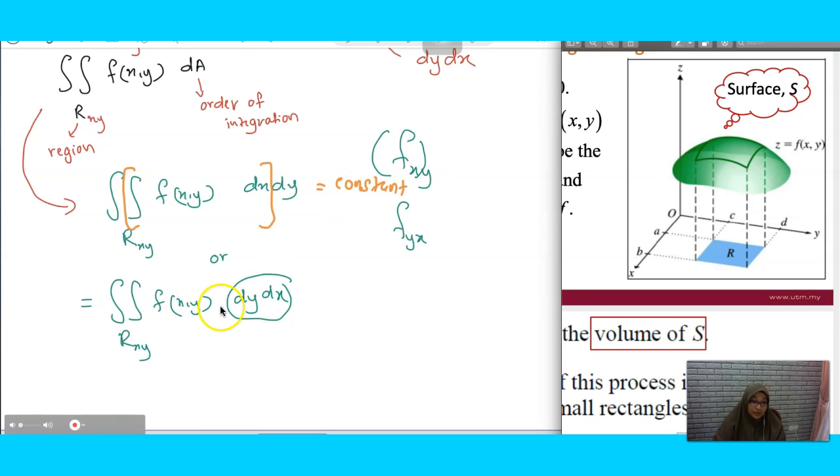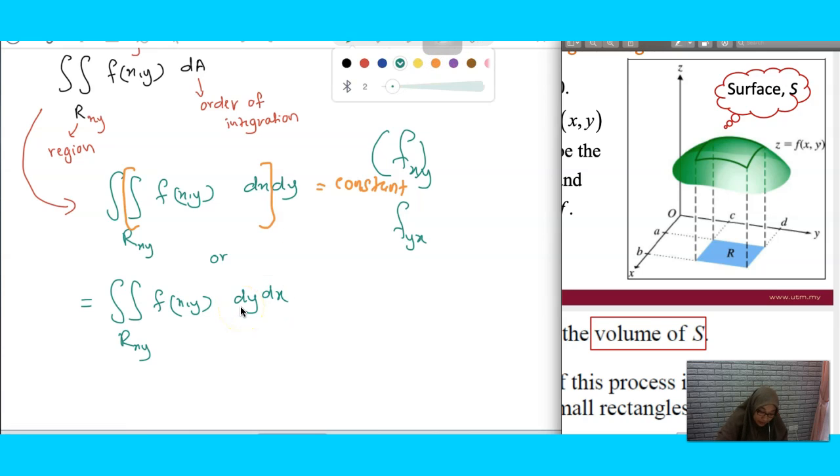For the other order, you integrate first with respect to y, then you substitute the value of y, and you get an expression that can be only a constant or in terms of only x. No more y, because y is already replaced by the value you have.